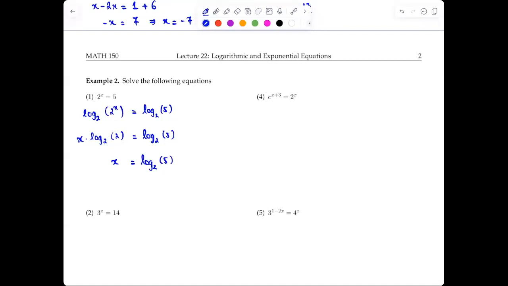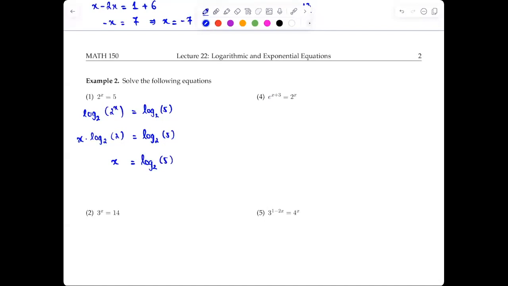Cool. All right. So that's one approach: you look at the base of the exponential function and you apply the log of that same base on both sides of the equation to bring down the x.